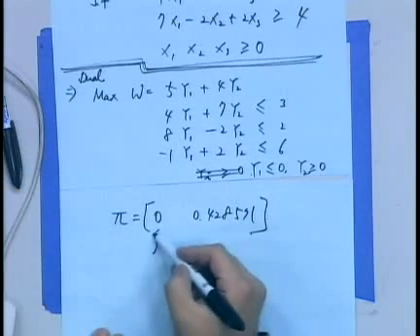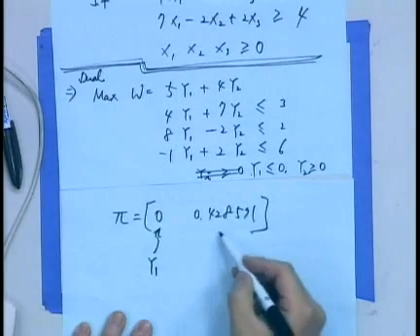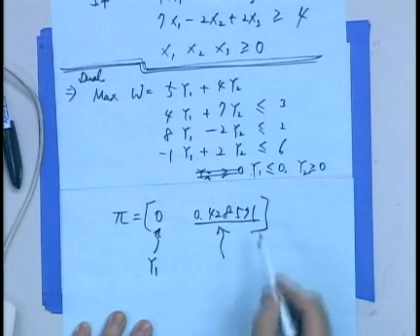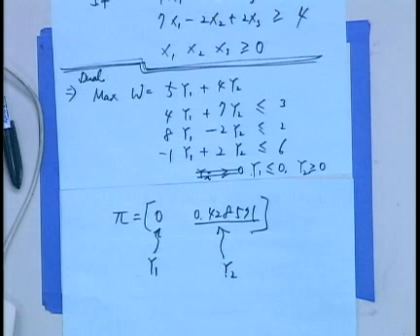So this 0 is y1, and 0.428571 should be the y2 value, okay?